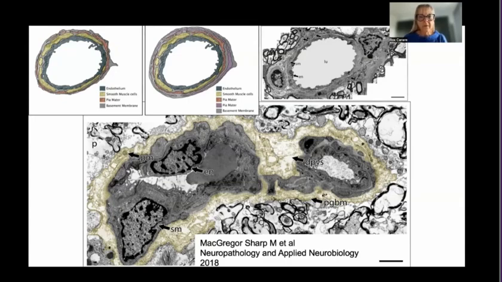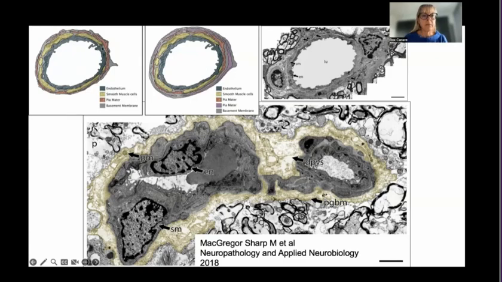So what you can see on the top hand side of the slide, from left to right, is the structure of an arteriole in the gray matter with the green endothelium, the yellow tunica media, and the red pia mater with the basement membranes in between them.